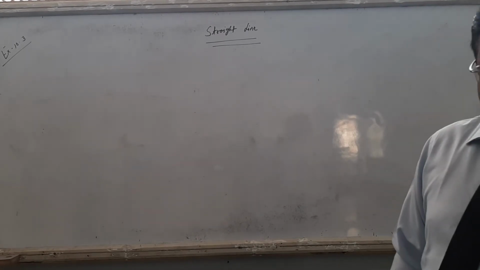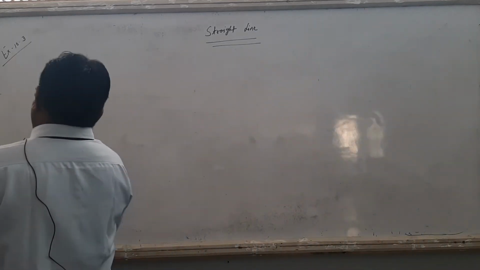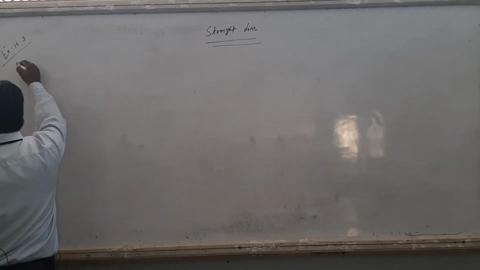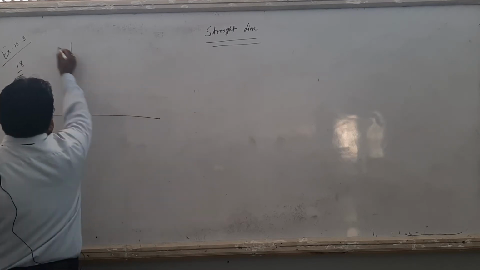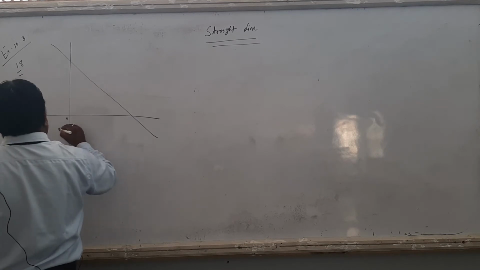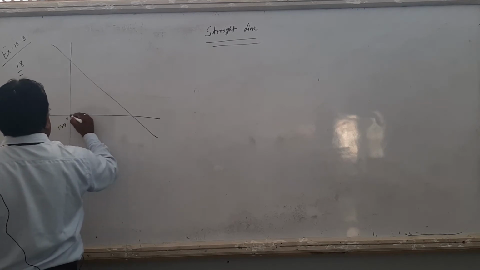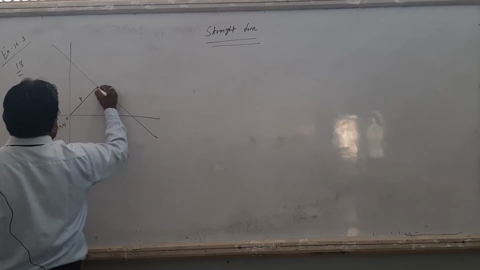But today is the last question of this exercise, question number 18. First thing is to read the question. P is the length of the perpendicular from the origin. This is the y axis, this is the x axis, and this is the line. This is the origin (0, 0), and P is the length of the perpendicular from the origin to the line.